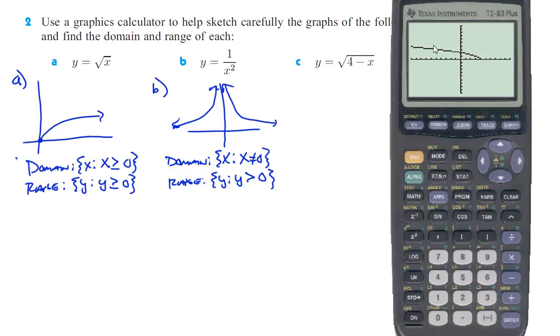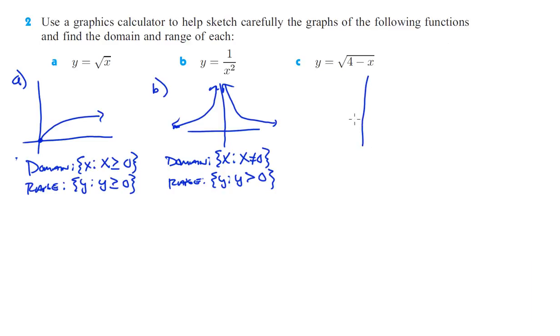It goes from here up like that. It's kind of like this one, but going the other direction with the negative x. So let's see, it's starting at 1, 2, 3, 4. So we can do this and go 1, 2, 3, 4, and then that graph goes like that.